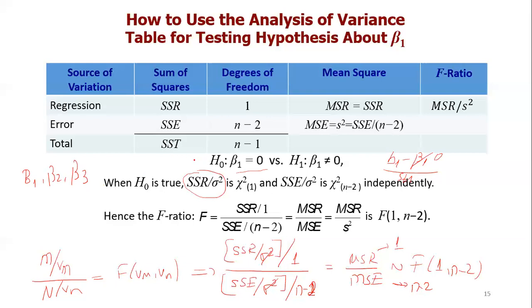Then the hypothesis of the Anova table will be H0: beta 1 equal to beta 2 equal to beta 3 equal to 0, versus at least one of them is not 0. So in simple linear regression, there is no difference between the Anova table F-test and the t-test, but in multiple linear regression, we will see that there will be a difference.